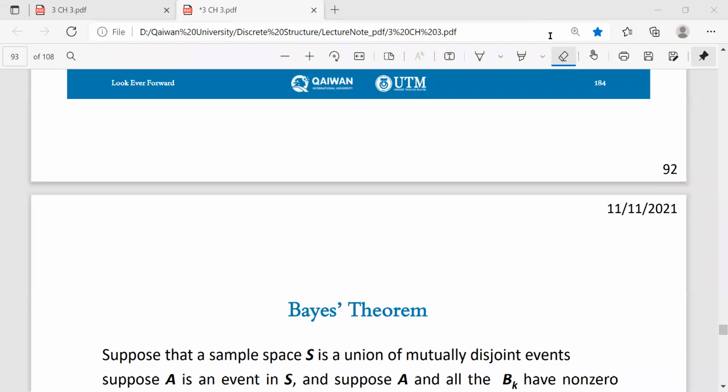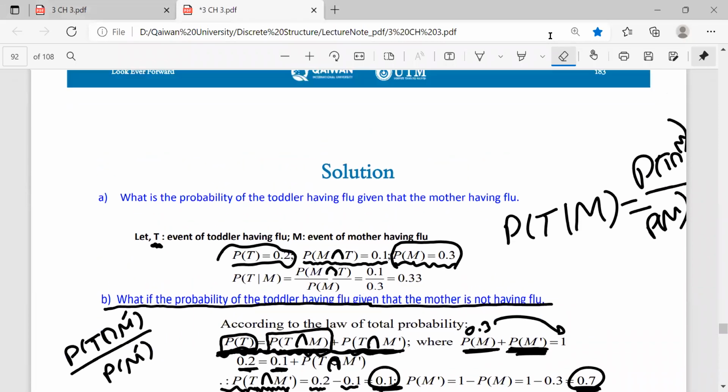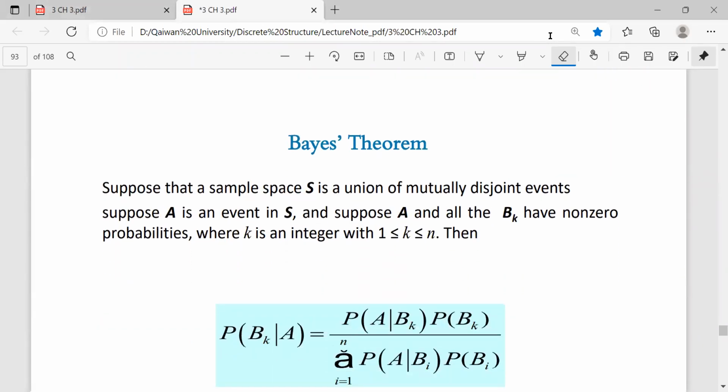In the previous lecture, we finished this example and you get Bayes' theorem. For Bayes' theorem, you say, suppose that a sample space S is a union of mutually disjoint events.